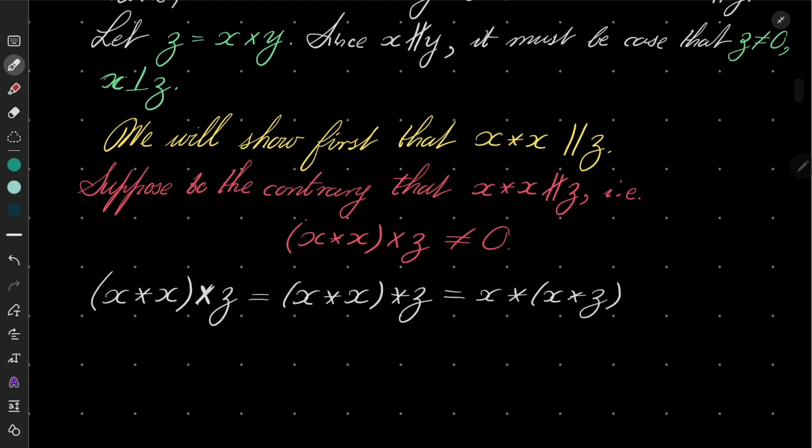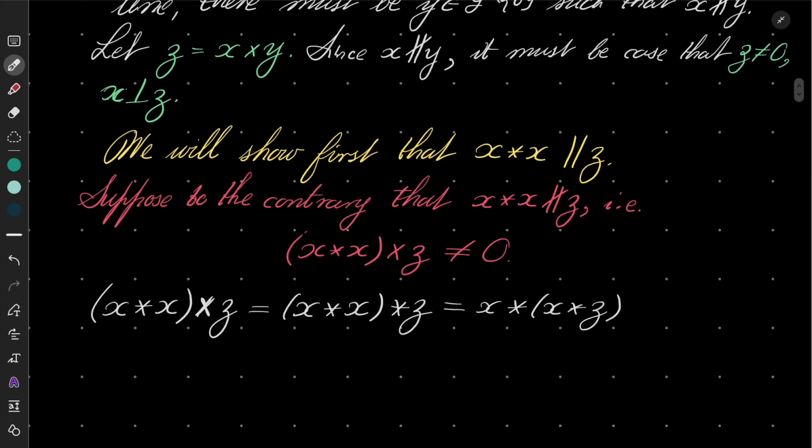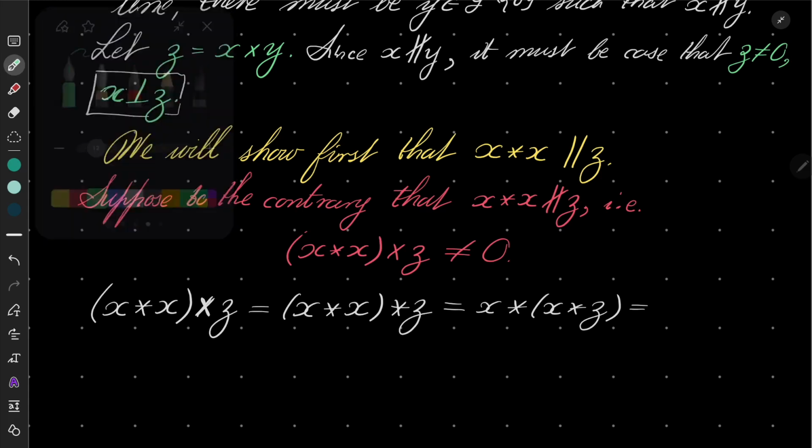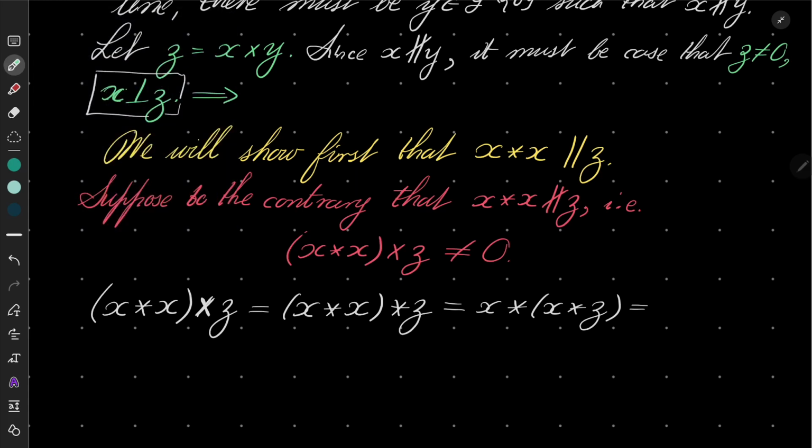And now finally, notice that X and Z are perpendicular and non-zero. Both are not zero. So we know that their cross product is also not zero. So that means that the cross product of X and Z is non-zero.